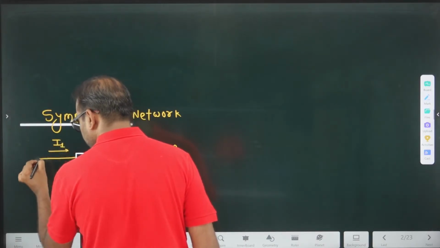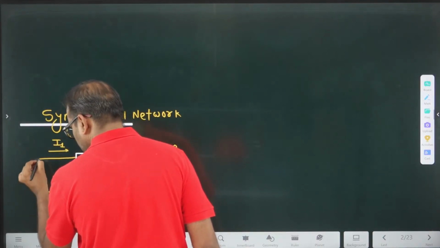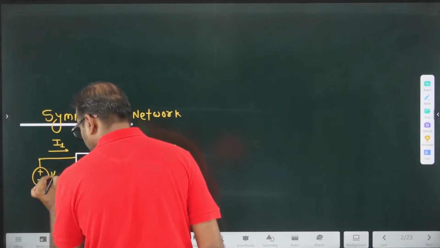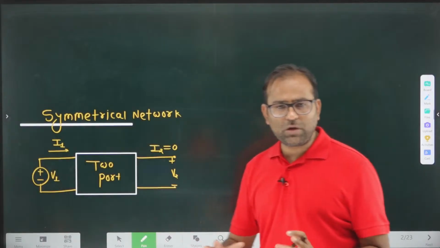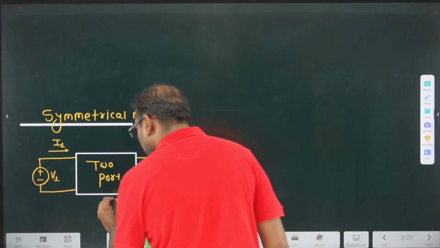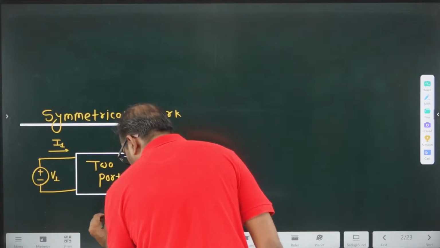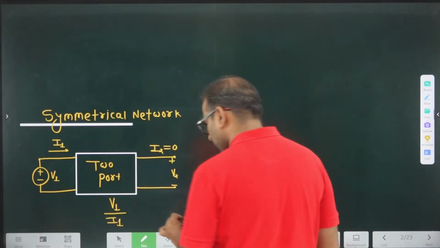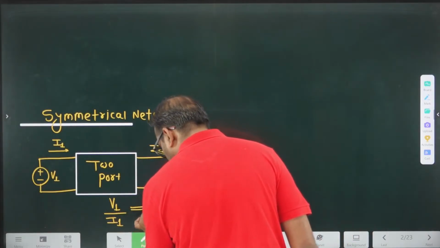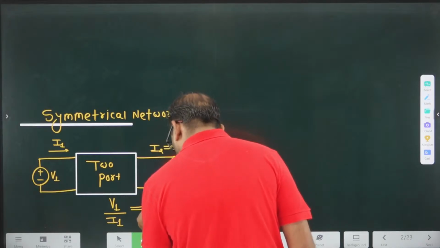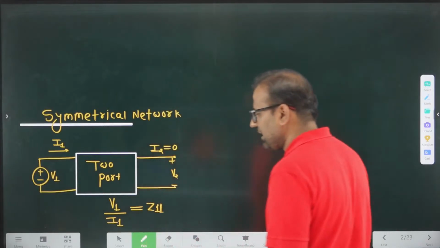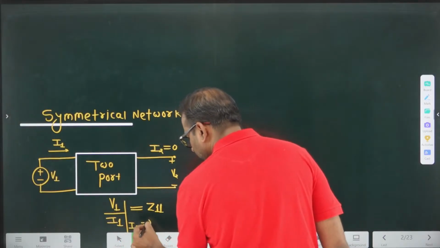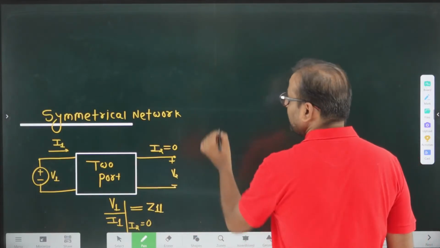This is I1 and this is V1. So by making I2 equal to 0, I am calculating the ratio of V1 divided by I1, the driving point impedance of this network. This parameter is known as Z11, and it is obtained by making I2 equal to 0. Correct?